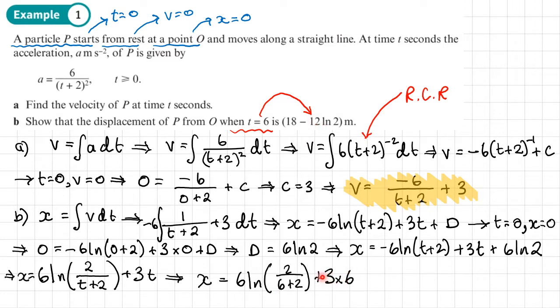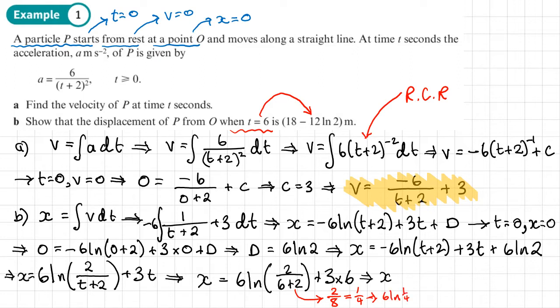Well, obviously that's 18. Let's see what we can do with the log part. Now, the bit in the bracket here is 2 over 8, which is the same as a quarter. So we end up actually with 6 log a quarter.